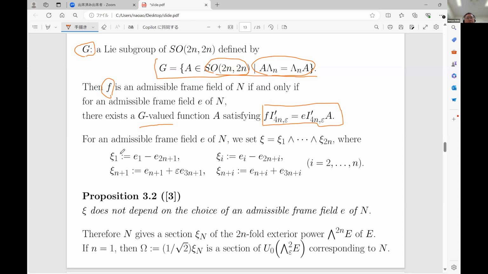For an admissible frame field small e of N, we set this Xi given by Xi1 wedge Xi2 wedge ... wedge Xi2n, where Xi1, ..., Xi2n are given by these. Notice that these signatures, these are minus, and these are plus.